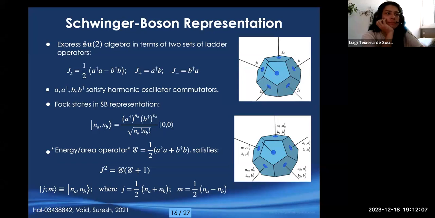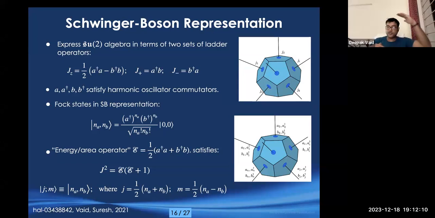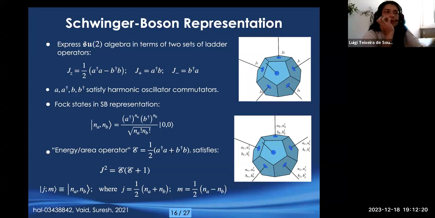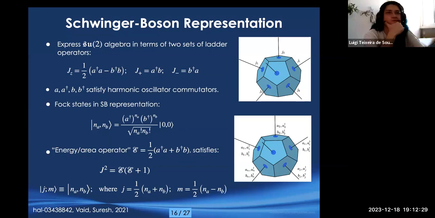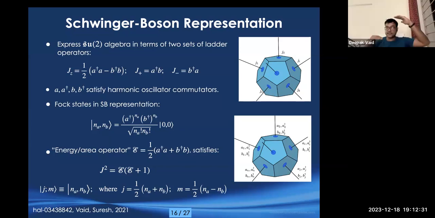Okay. Right. So if you have j is equal to 3, you can go from 6 and 0, then 5 and 1, then 4 and 2, then 3 and 3, then 2 and 4, 1 and 5, and 0 and 6. I see. Okay. So the total area remains a constant between these oscillators, the total energy. But the difference in energy keeps changing as you go from this state to this state.